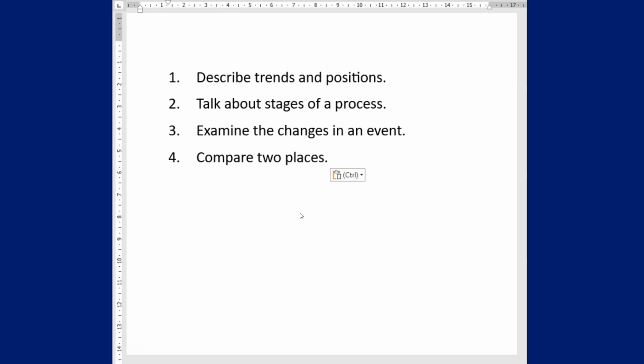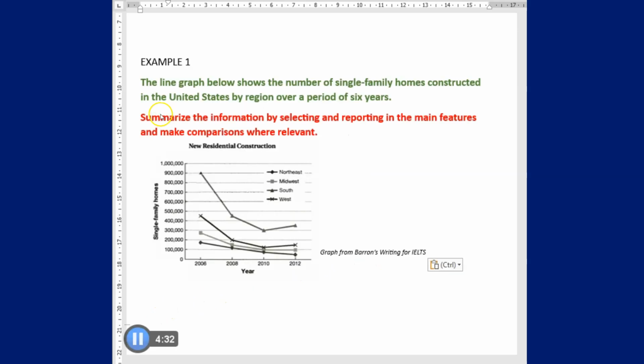Now, let's look at an example of a typical writing Task 1 question. The line graph below shows the number of single family homes constructed in the United States by region over a period of 6 years.